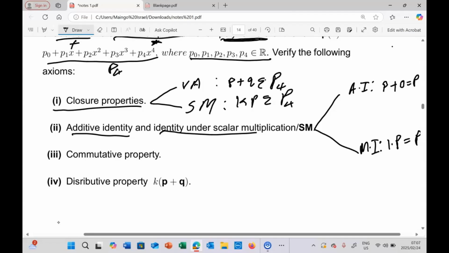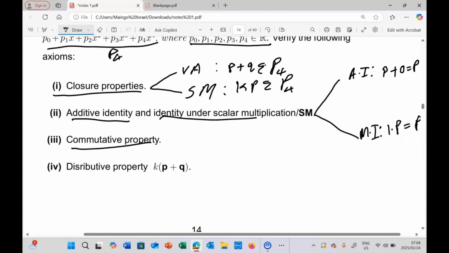Also, these are the 10 vector space axioms that we were dealing with, but here we're considering another vector space, which is the polynomials. Also the commutative property in the third Roman numeral.